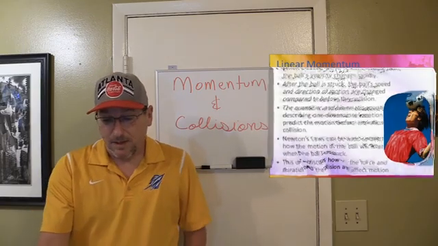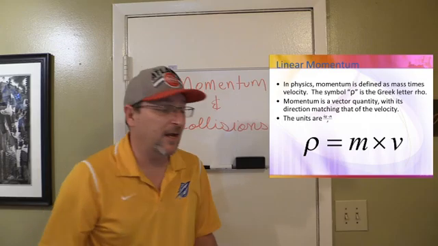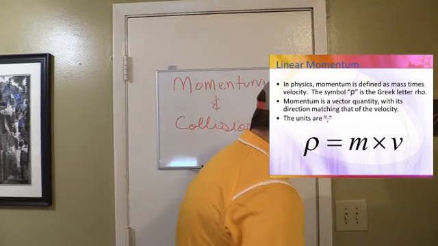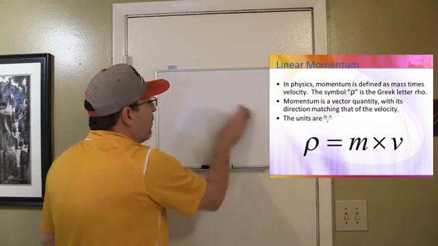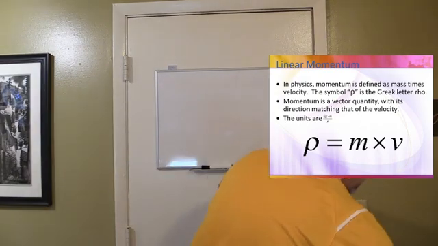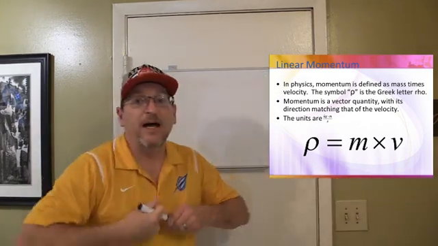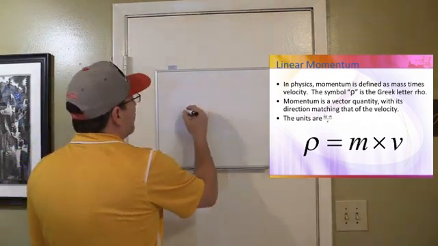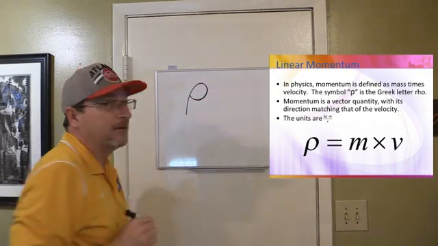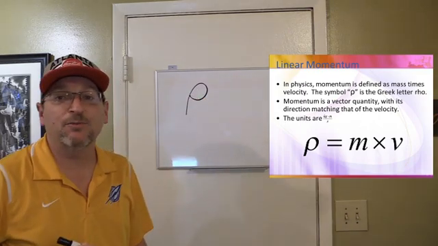The first formula that I want to give you guys is the formula for momentum. The symbol for momentum is kind of crazy. It's actually the Greek letter rho. It kind of looks like a P, just like that. So that's rho.